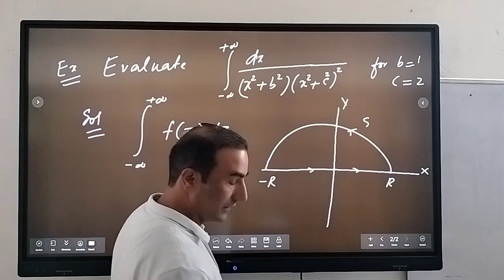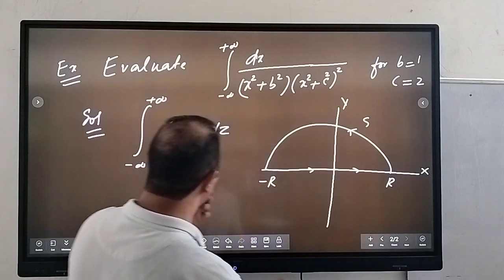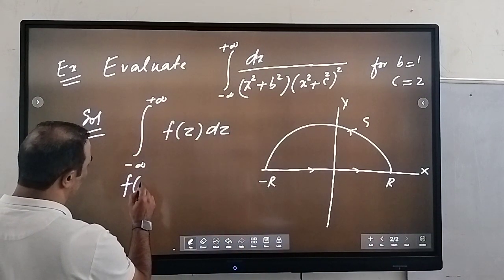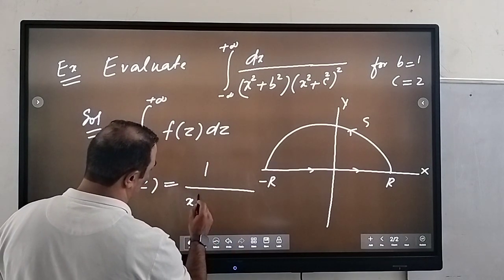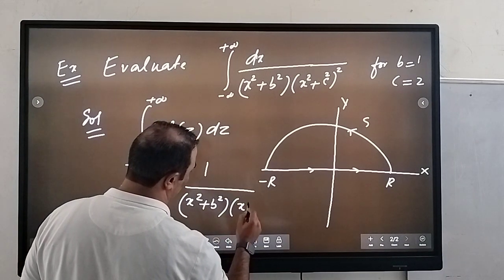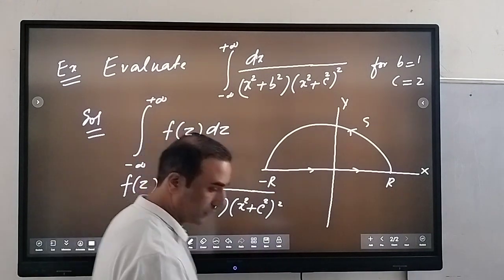But I am writing it in terms of the complex function f of z dz, right? Okay, so if we compare this with this, we can have this f of z will be equal to 1 divided by, right? So this is our f of z.